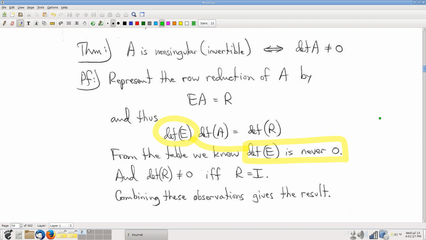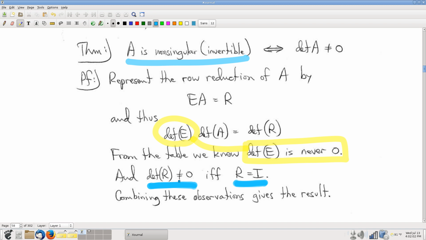So let's think through now the statement in question. We know that a matrix is non-singular if and only if the reduced row echelon form is the identity. And we previously observed that the reduced row echelon form is the identity if and only if the determinant of that reduced row echelon form is non-zero. We made this observation that when you get a reduced row echelon form matrix, it's either the identity matrix, in which case the determinant is 1, or it's not the identity matrix.